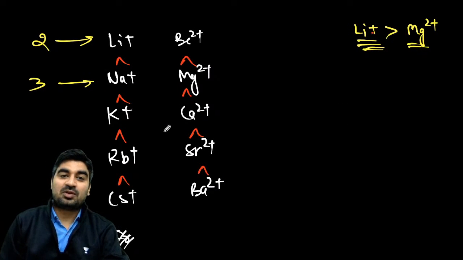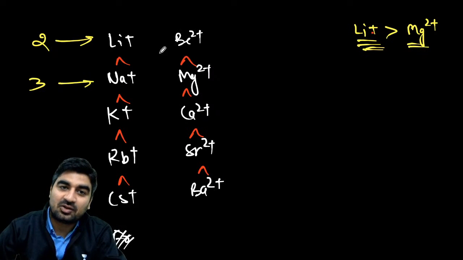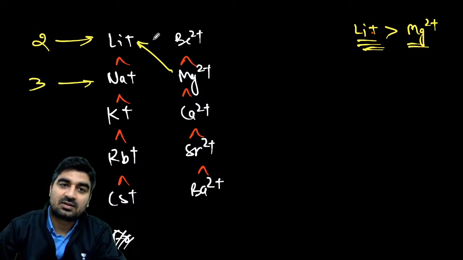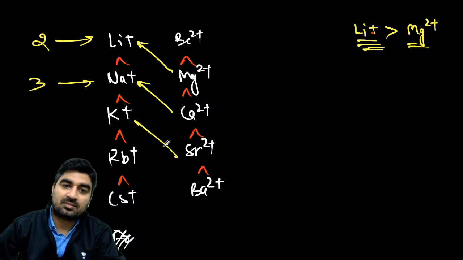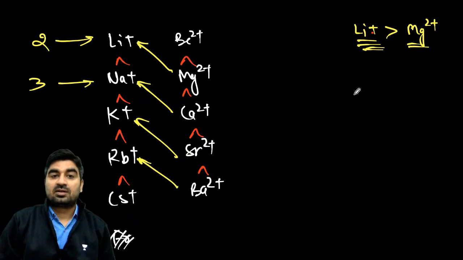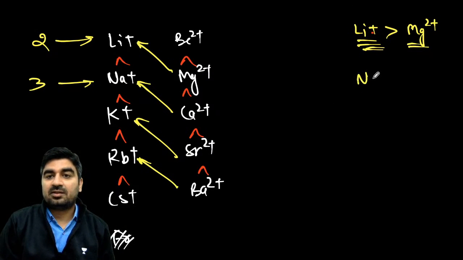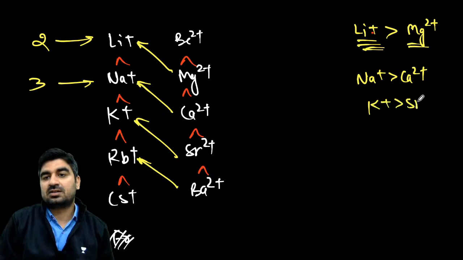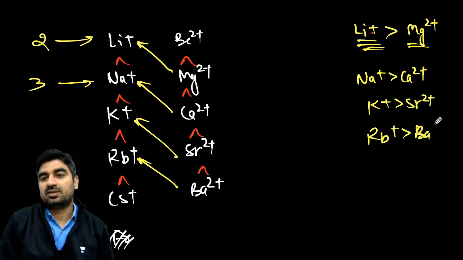So how will you remember it? Now I will tell you the way to remember it. This problem has been asked in IIT JEE, and you can remember it this way. So here I can say Na plus is larger than Ca2 plus, K plus is larger than Sr2 plus, Rb plus is larger than Ba2 plus.